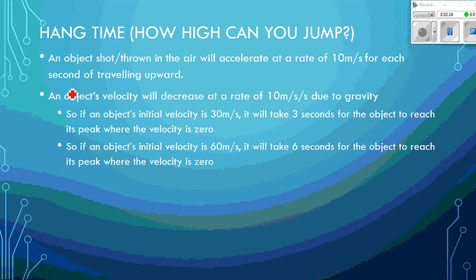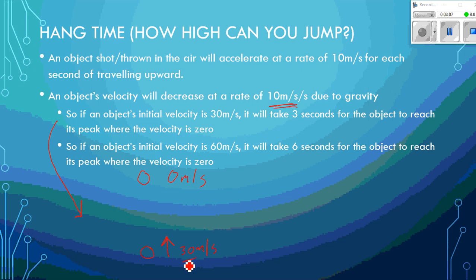Here's the second note. It says the object's velocity will decrease at a rate of 10 meters per second due to gravity. That's a complete reiteration of what we've been saying before. But for example, and you can do this math in your head, if you have a ball that has an initial velocity of 30 meters per second, it will take 3 seconds to get to the top where the velocity is 0 meters per second.